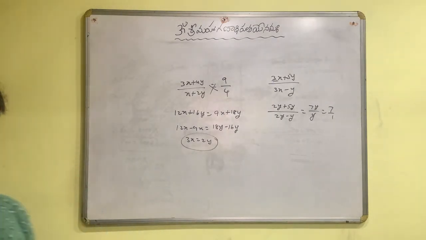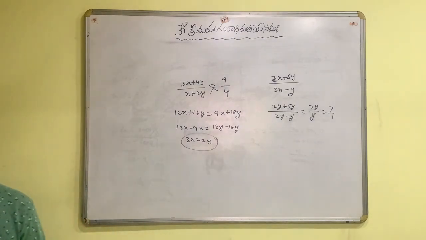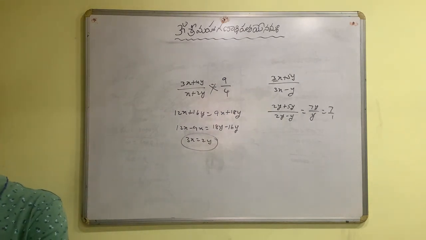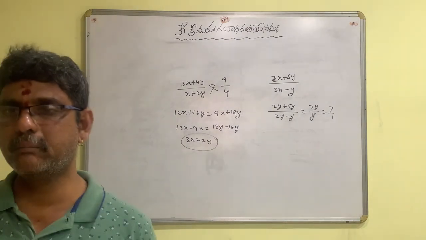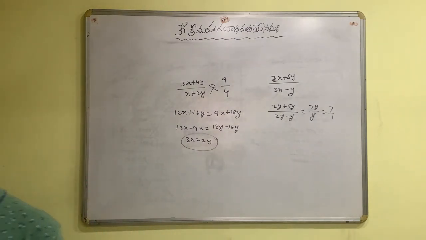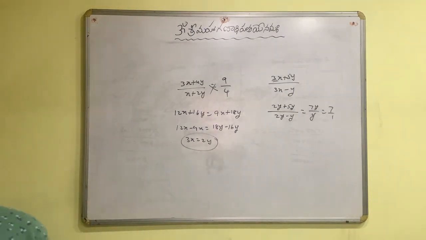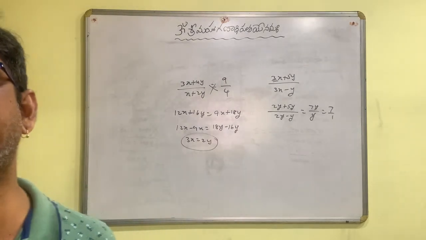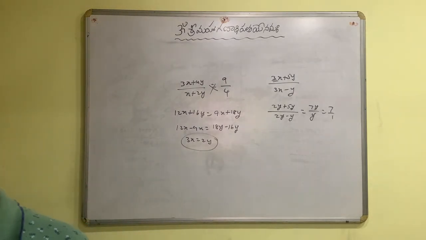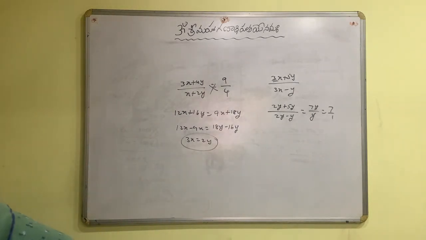Inconsistent means... I am not asking the answer, children. What do you mean by inconsistent? What is the condition for inconsistency? No common solution, that is right. Then how can it be 10? What is the parallel lines condition?